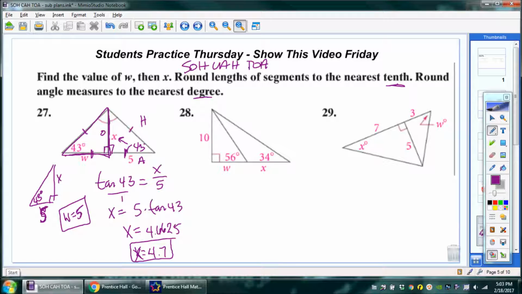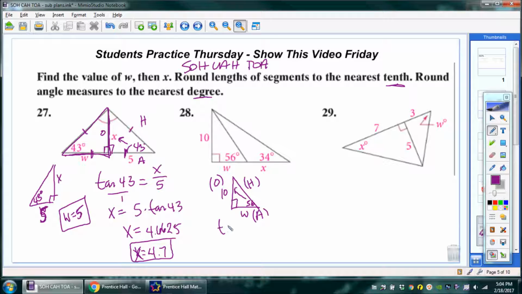For 28, looks like you have 2 right triangles going on here, so I'm going to redraw those. I have 56 here, 10 here, w here. So maybe I'll follow directions this time and find w first. So here is opposite, adjacent, and hypotenuse.